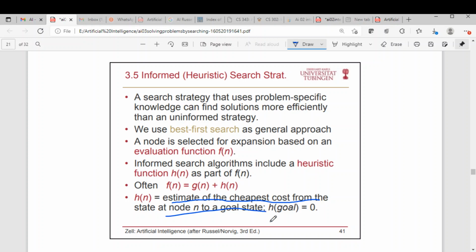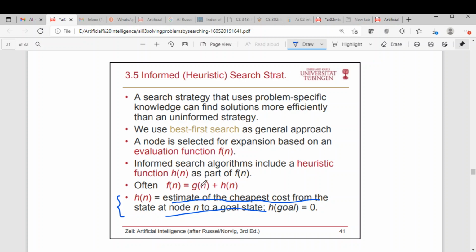It can be defined in different ways for different algorithms, but for these algorithms we define the heuristic function like this: an estimate of the cheapest cost from the current node to the goal node. It is an estimate, it is not the fact.